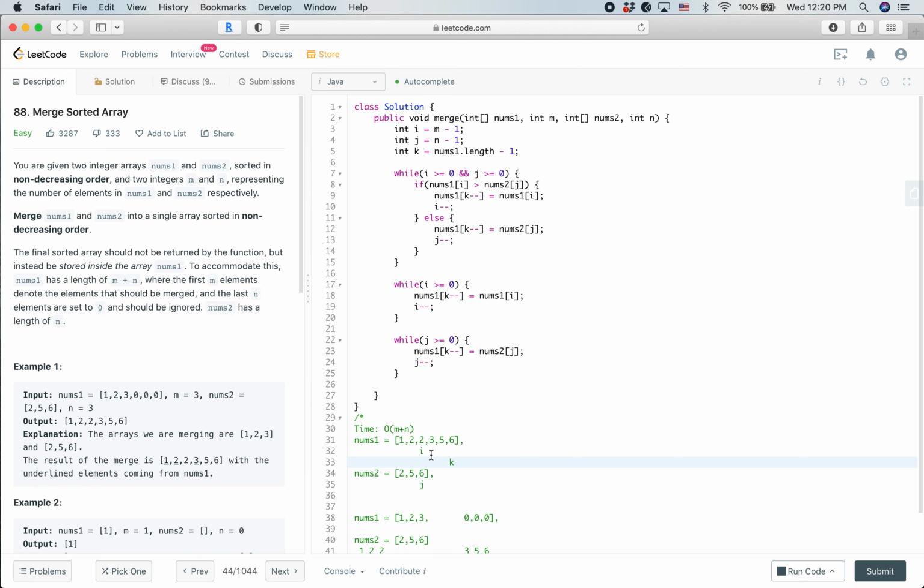For example, we can prove this by contradiction. Say 2 is a number, and we have already processed 3, 5, 6 at the end of the array, and we're going to put the next element at nums1[k], however i is not processed yet.